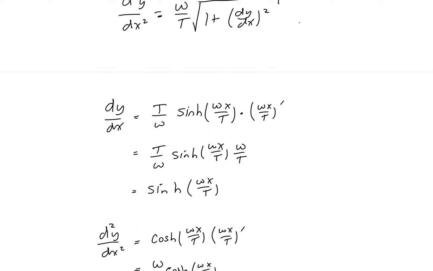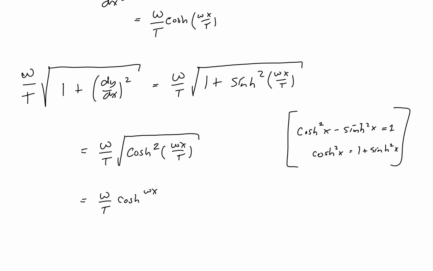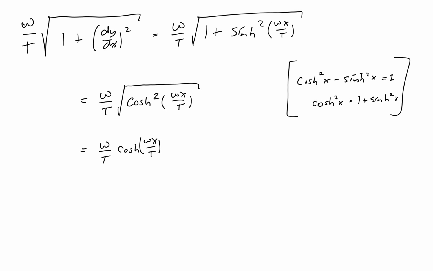And now we're going to use that equation we had above that said cosh squared minus sinh squared is equal to 1, which says cosh squared is 1 plus sinh squared of x. So use that little identity to rewrite this as w over T times the square root, and now we'll replace this stuff inside. And now the square and the square root cancel. And notice this is exactly the second derivative. So it does satisfy the differential equation we wanted it to satisfy.